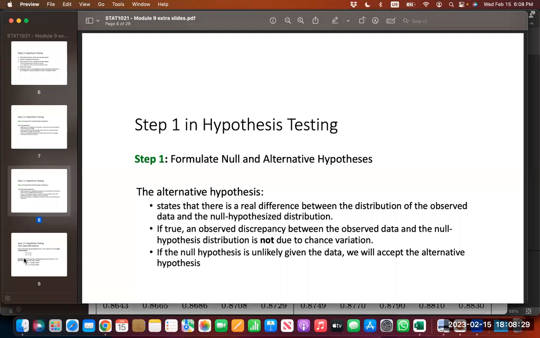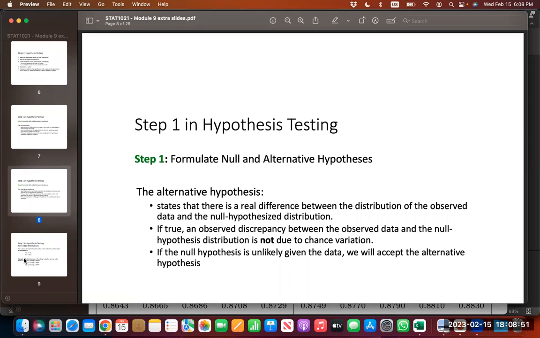But first, in step 1, you formulate a null and an alternative hypothesis. So again, blood pressure example, I'm saying the blood pressure in my sample is not different from the mean population blood pressure.